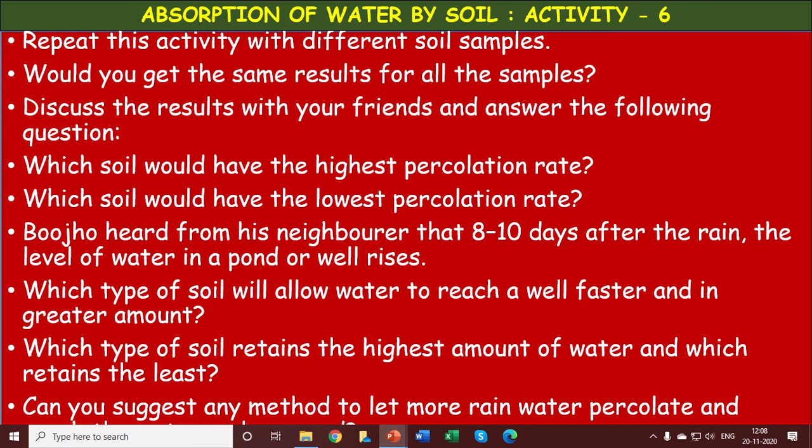Which type of soil will allow the water to reach a well faster and in a greater amount? The soil with clay particles or with more silt can retain the highest amount of water. The least amount of water is retained by sandy soil. Okay.